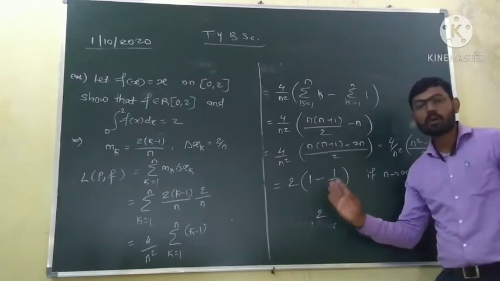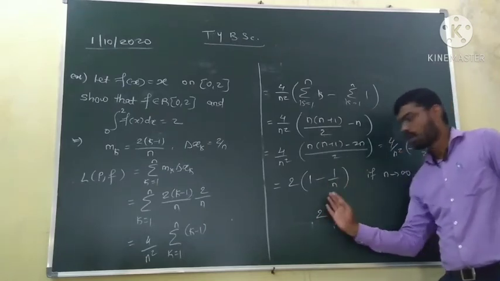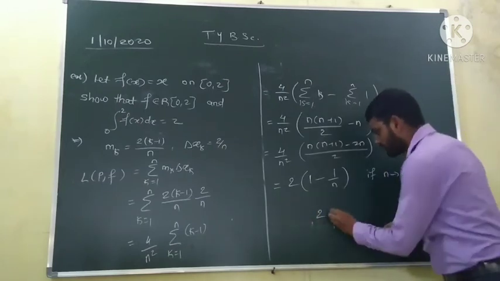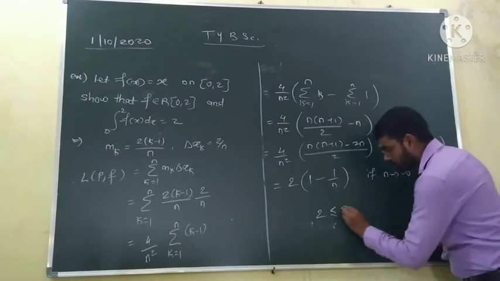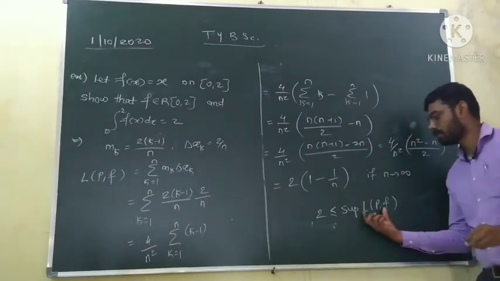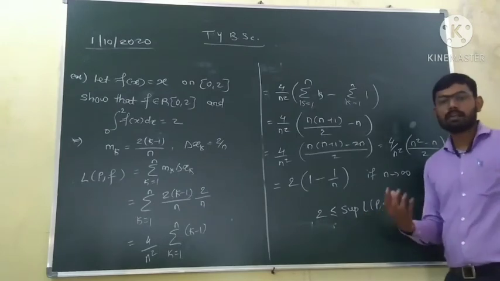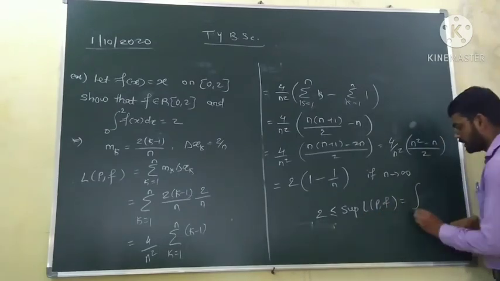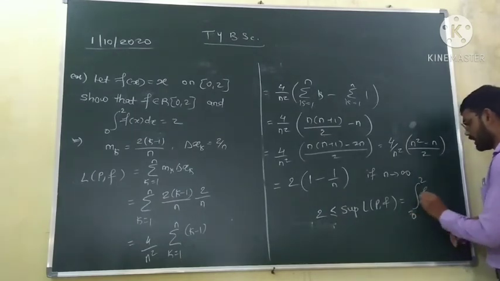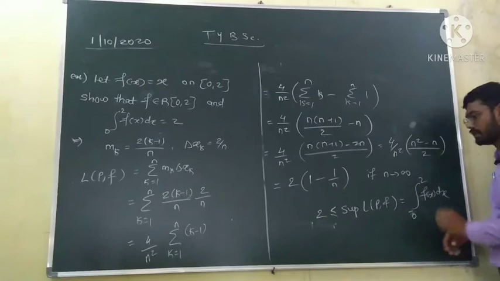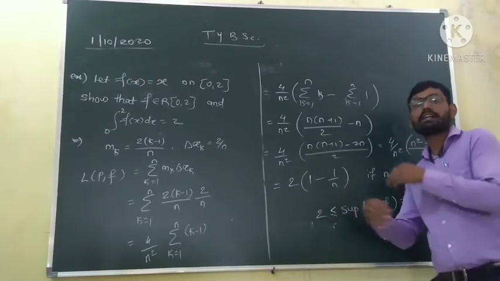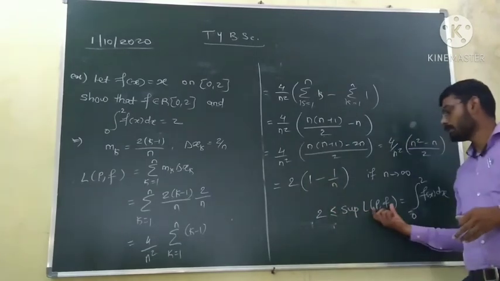So supremum for lower sum is either 2 or greater than or equal to 2. Since lower sum is less than or equal to the supremum, 2 is less than or equal to the supremum of lower sum, and the supremum of lower sum, that is what? Lower integral. So lower integral 0 to 2 f of x dx. Okay. Since lower sum is tending to 2, either 2 or a number greater than 2 must be the supremum of lower sum.